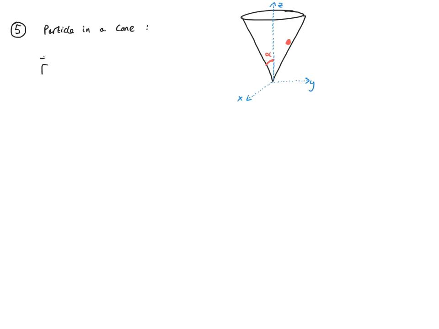So I will choose a position vector r, which in our original Cartesian coordinates x, y, and z are going to be related to our cylindrical coordinates r cos theta, r sin theta, and z.